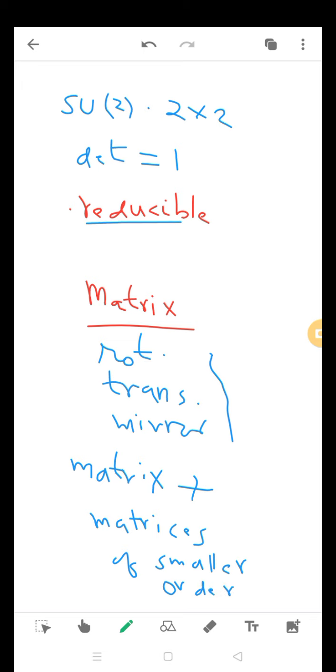If it is not, then it is an irreducible transformation.